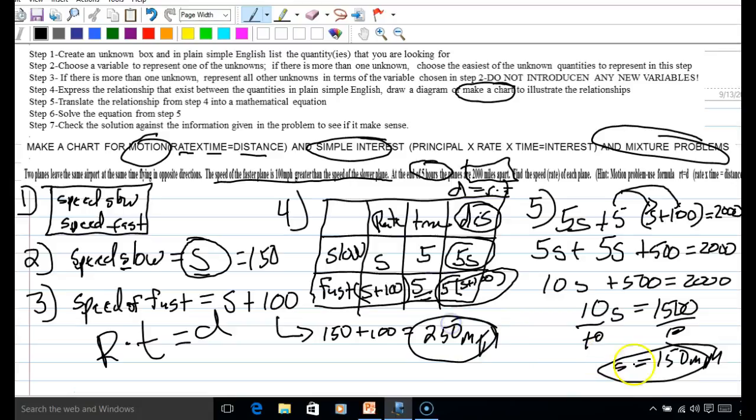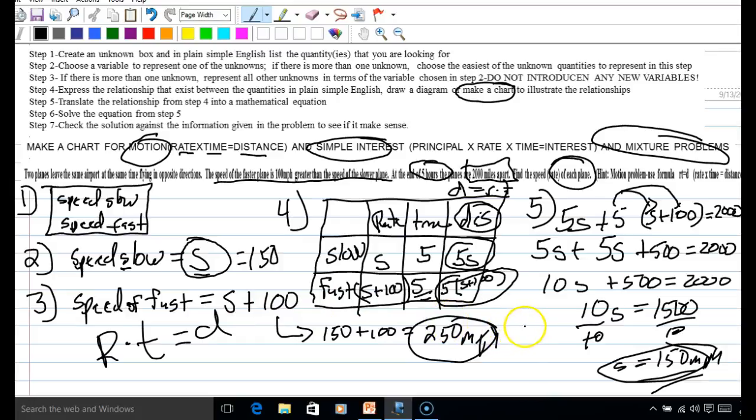Now, once you solve for the speed of the slower plane, you have only half of the solution, because here we want to know the speed or the rate of each plane. So I need to know the rate of the slower plane as well as the rate of the faster plane.